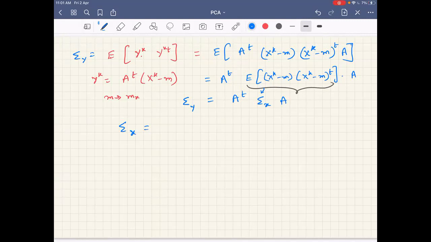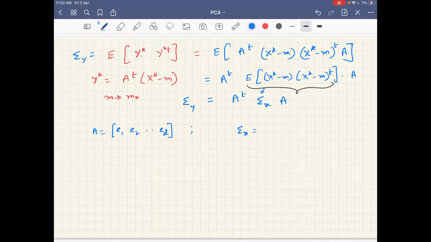What is matrix A? I know that matrix A is nothing but the matrix of eigenvectors of xk. So matrix A is equal to E1, E2, and so on up to ED. Now I want to rewrite this sigma x, the covariance matrix of xk, in terms of eigenvalues and eigenvectors.